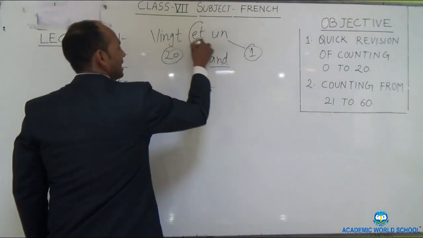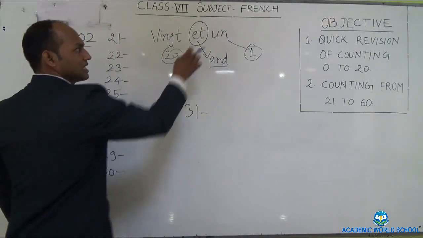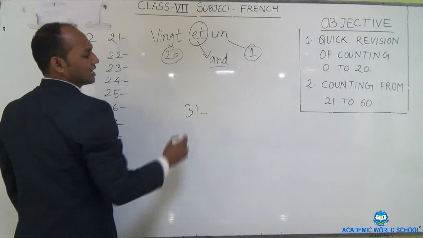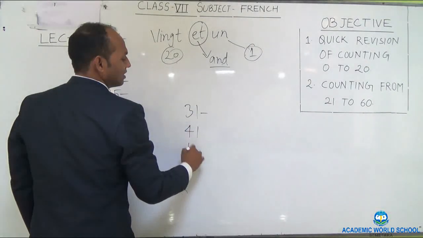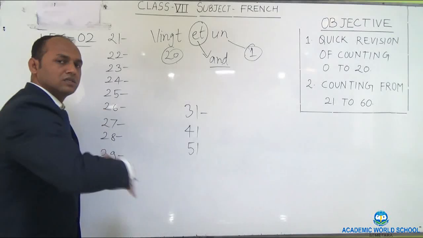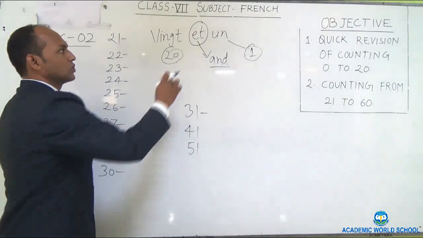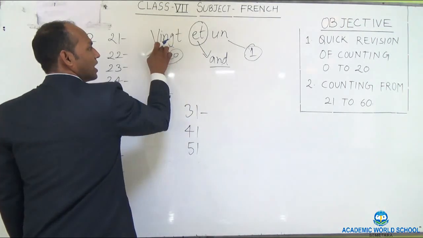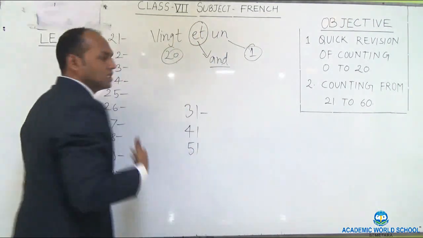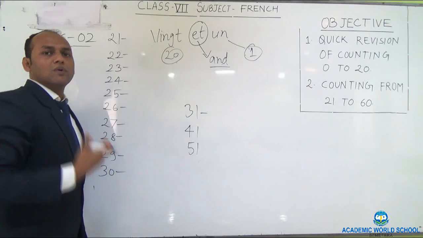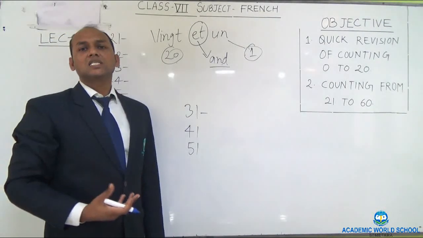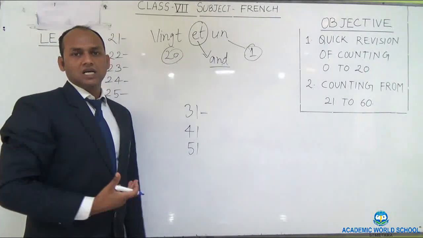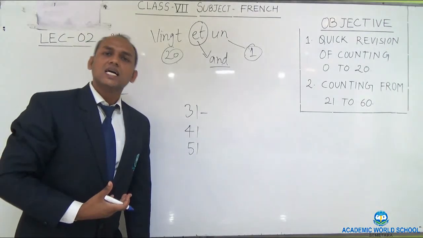This pattern will be followed in 31, 41, 51 onward. The word 'et' meaning 'and' shall be there in the beginning. Together we will pronounce it as vingt et un.